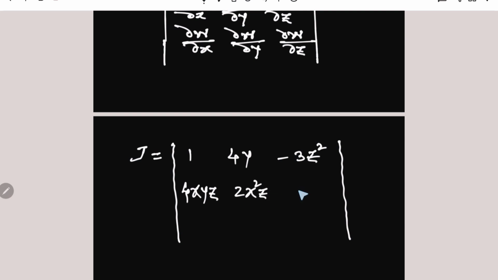And with respect to z it is 2x square y. These are the partial derivatives of v with respect to x, v with respect to y, and partial derivative of v with respect to z.